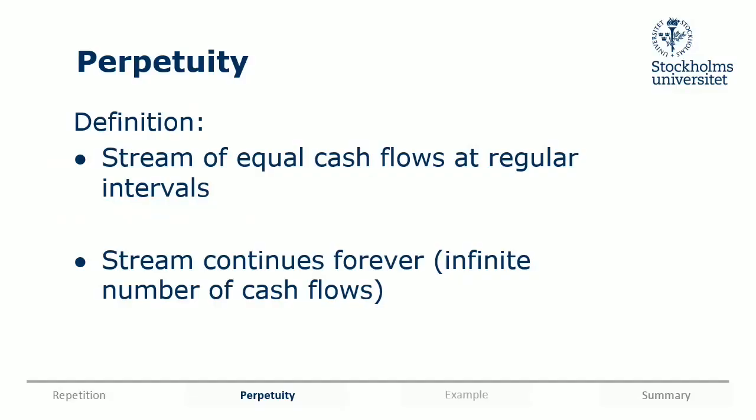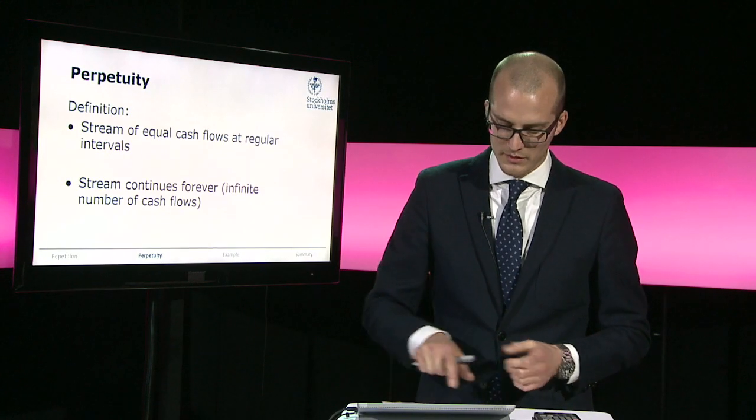However, if we would go to the definition, a perpetuity is a stream of equal cash flows at regular intervals, and the stream continues forever. It's an infinite number of cash flows, as we showed before.